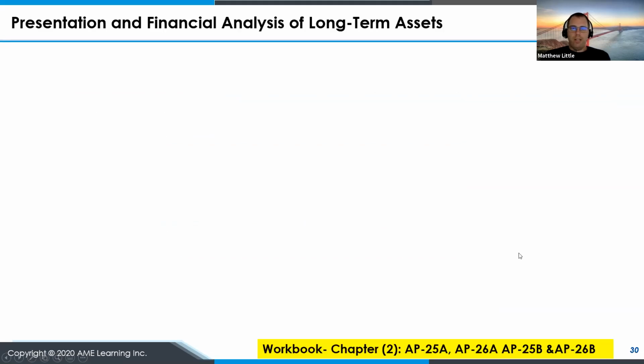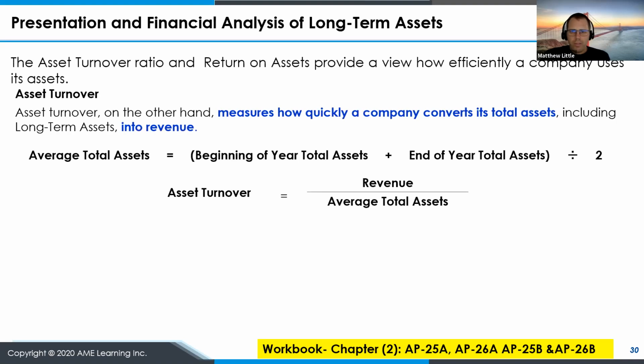All right, moving into the last few slides, we'll talk about presentation of financial analysis. When we're talking about assets, one of the common formulas that we use is asset turnover ratio, and another one would be return on assets. Asset turnover measures how quickly a company converts its total assets into revenue.